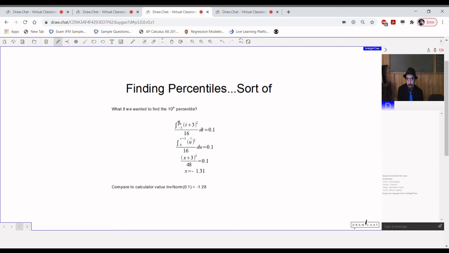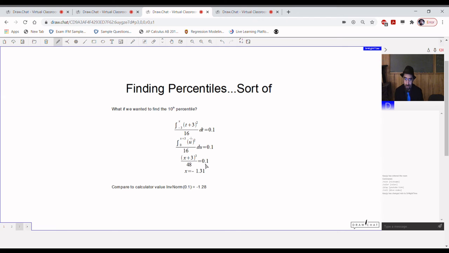So you integrate from -3 to x of (t plus 3) squared over 16 dt. Do the u substitution. You're setting it equal to 0.1. It gets you the equation (x plus 3) cubed over 48 equals 0.1. Multiply both sides by 48, and, well, I did not find the cube root of 4.8 pen and paper.